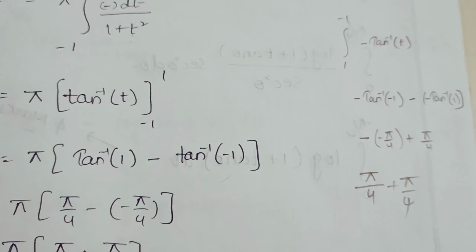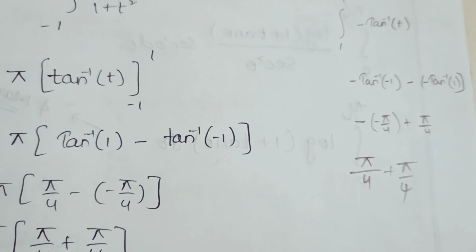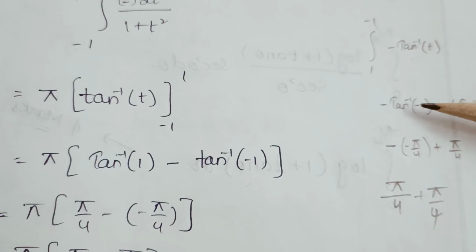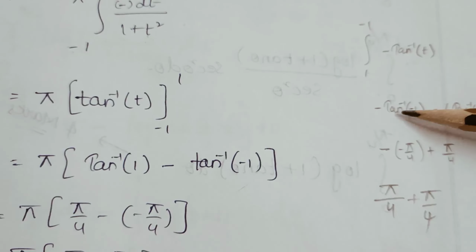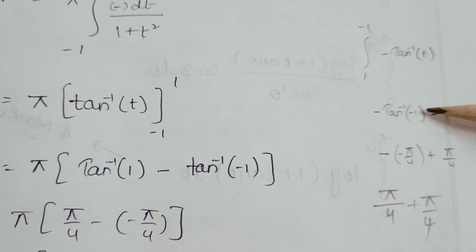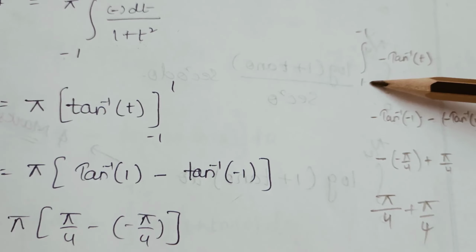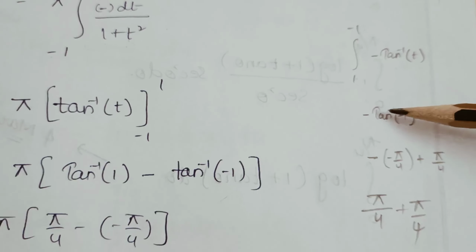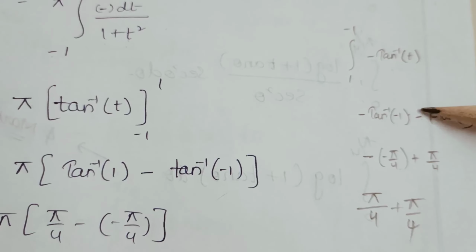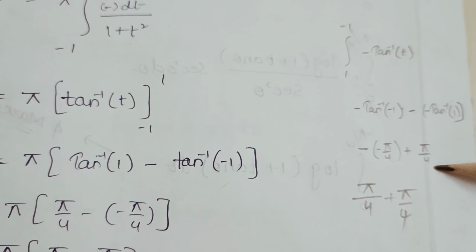Now we have to apply the limits after integration. Minus tan inverse of the upper limit first, which is minus 1, minus the lower limit, which is 1. Tan inverse of minus 1 is nothing but minus pi by 4, and tan inverse of 1 is pi by 4.